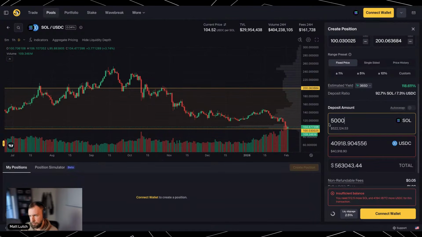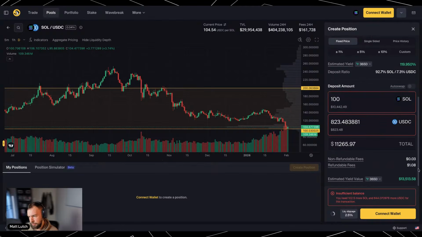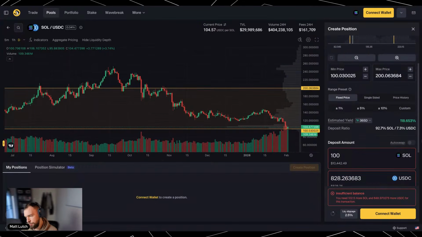And if you deposited, let's say, 11K, that's earning you $422 a month, 13K a year. Quite a wide range, but I'm not looking at particular yields.